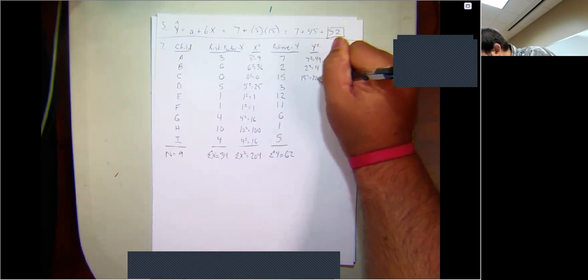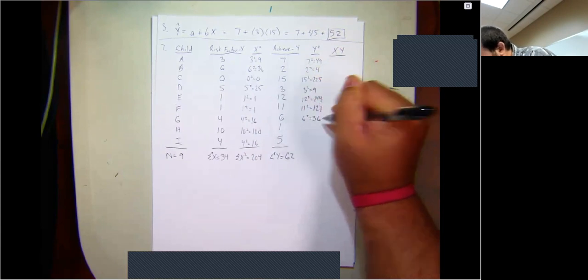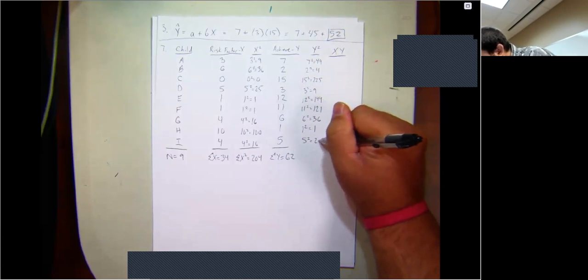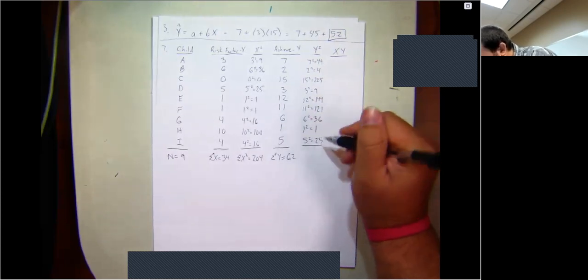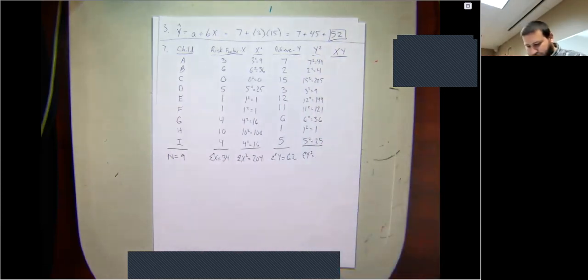Y squared: 7 squared is 49, 2 squared is 4, 15 squared is 225, 3 squared is 9, 12 squared is 144, 11 squared is 121, 6 squared is 36, 1 squared is 1, and 5 squared is 25. So the sum of y squared is the sum of this column, and that is 614.